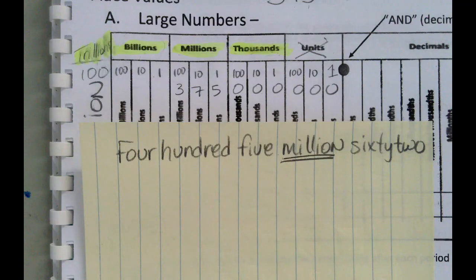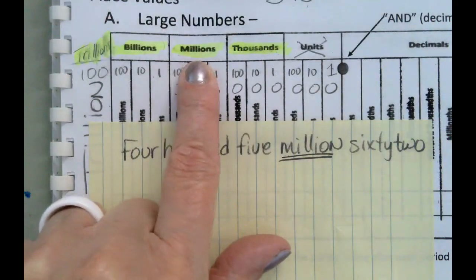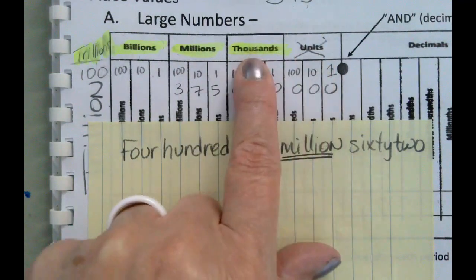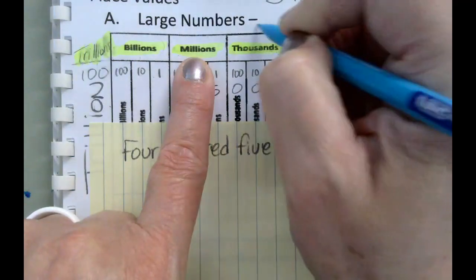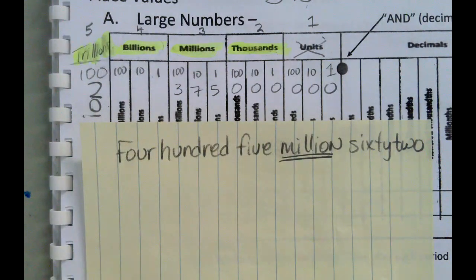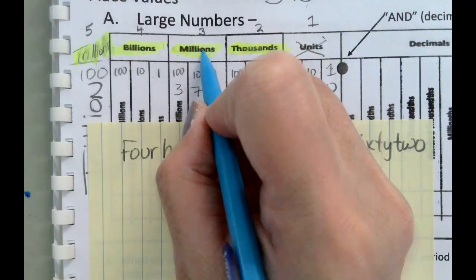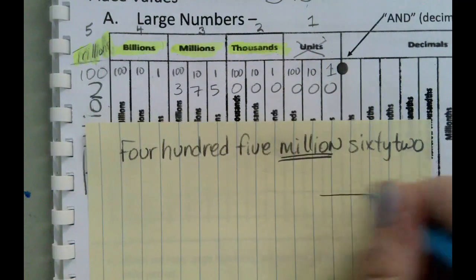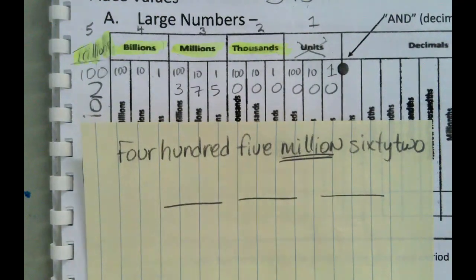Million is one of them. So that tells me it is the third set. This is my first set, this is my second set, this is my third, my fourth, and my fifth set of 3-digit numbers. So this tells me that I'm into the third set of 3-digit numbers. 1, 2, 3. And I will go through the next part.